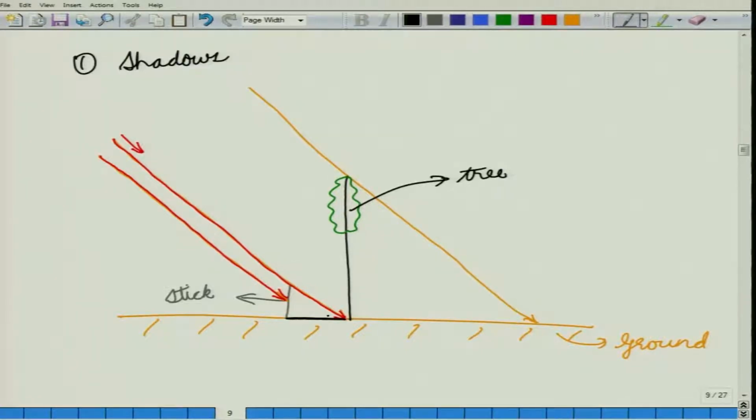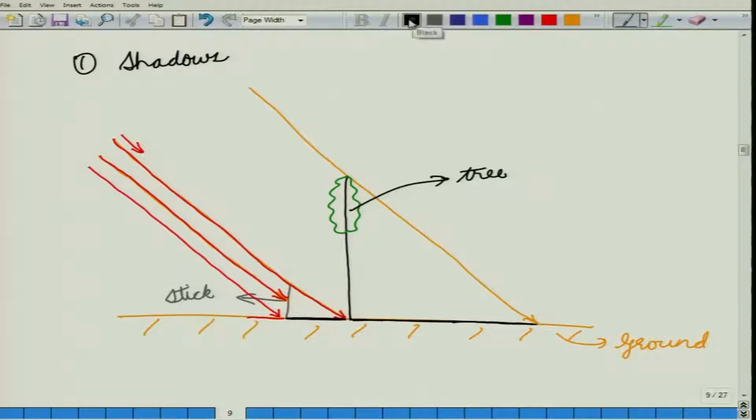Here if we had another ray of light, it would be able to reach the surface and so this portion is illuminated, whereas the portion to the right of the object is not illuminated. Similarly, in the case of this tree, because of its greater height, it will form a larger shadow. So, this is the shadow of the tree.